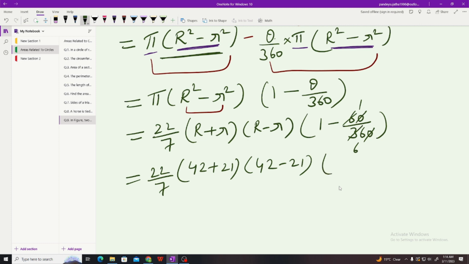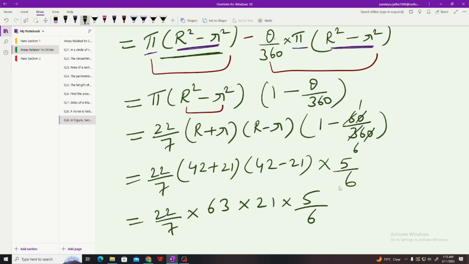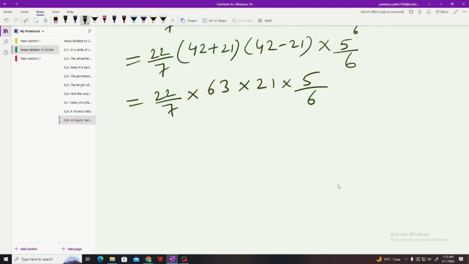So here 1 minus 1 upon 6 is 5 upon 6. Solve it. This is 63 into 21 into 5 upon 6. So when we solve this now, cancel this, 7 and 63, so we get 9 here.